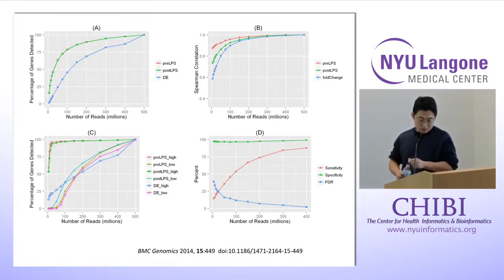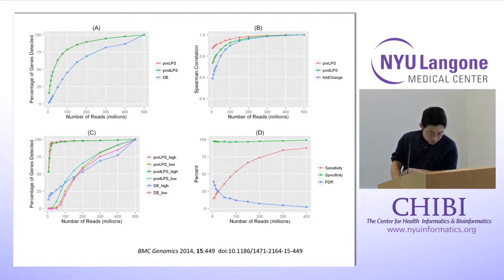From here we can see that for differentially expressed genes, the ideal coverage would be in this region. You will see the correlation really goes to a high level at around 200 to 300 million reads.